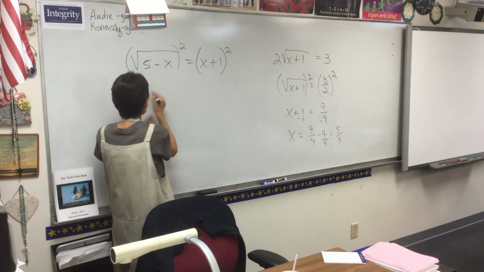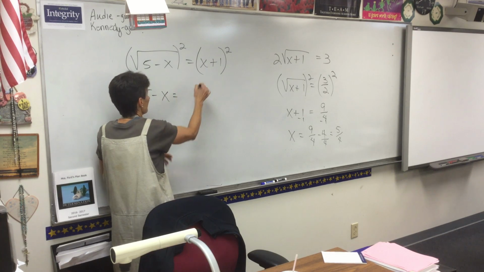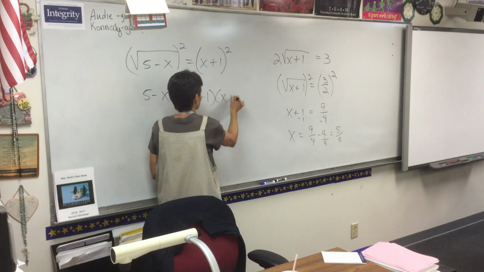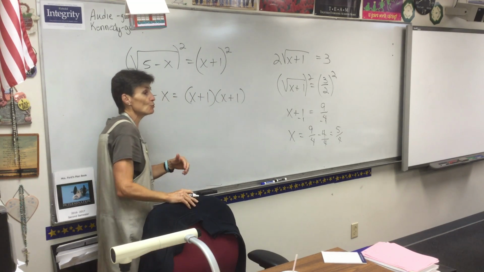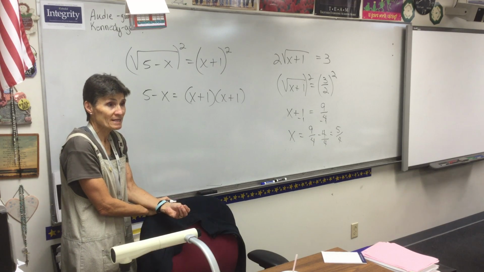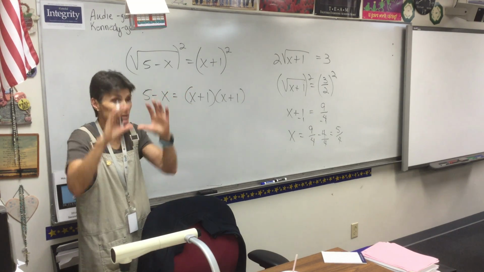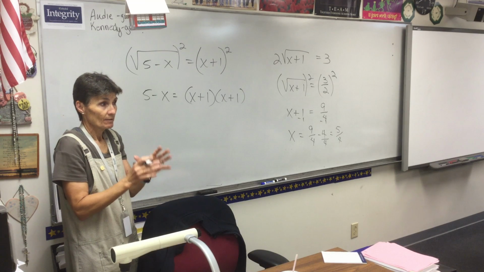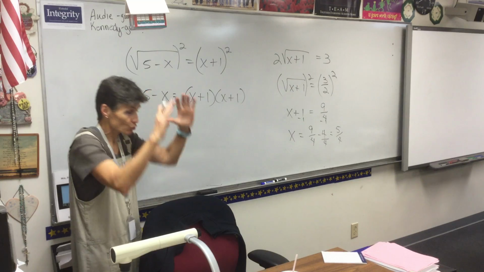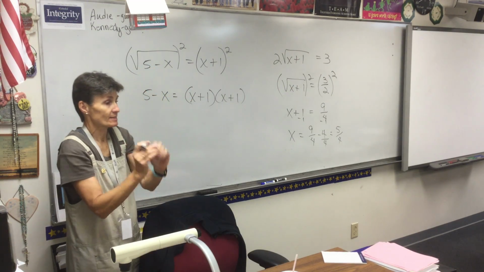So this is just going to be 5 minus x. But this is a FOIL. You cannot square individual pieces. You're squaring both sides. That's how you described it to me. You said we're going to square both sides. So you're squaring the sides.